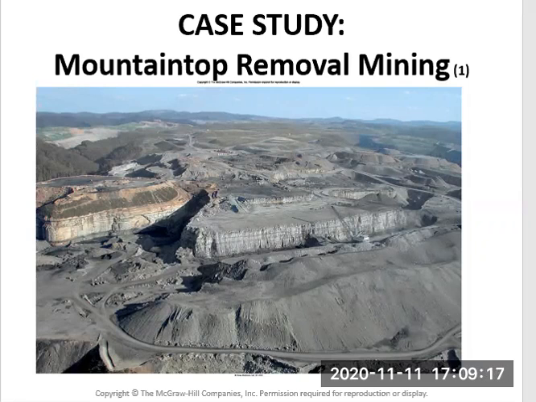In Appalachia, more than 500 mountain peaks and ridge lines have been turned into mining wastelands, and about 2,000 miles of headwater streams have been buried or severely polluted by the valley fills that are created by mountaintop removal mining.